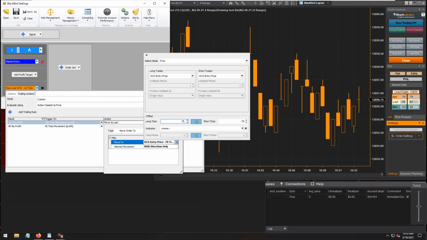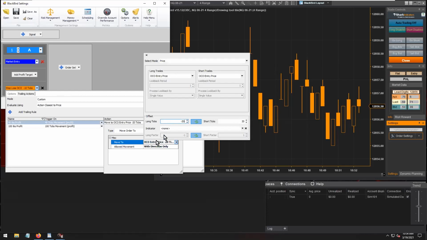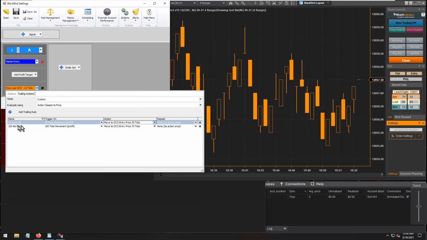It's going to be positive 70 ticks from the entry price. And same thing over here. Let me go adjust this other trailing rule. That was not supposed to be a negative number. Yeah, it's 20 ticks positive from the entry price. All right, so that is our stage two.